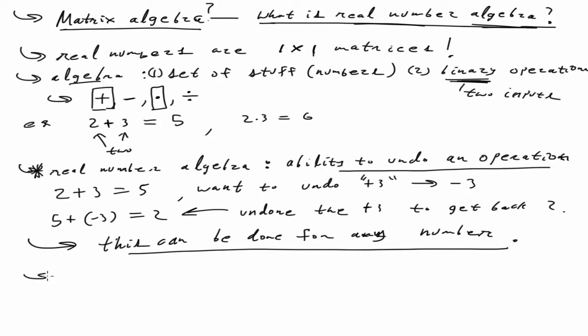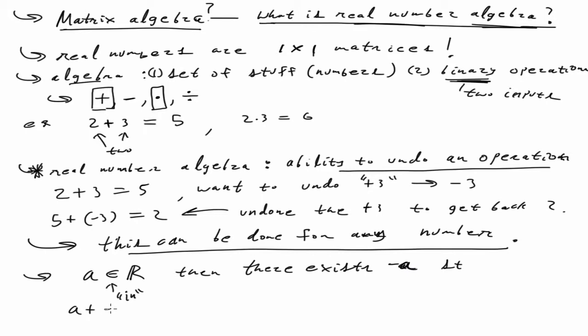And so actually we give this a name. If A is some real number, and I'll give it this symbol, A is in the set of real numbers, and that epsilon means in, okay? If A is in the set of real numbers, then there exists a minus A such that A plus minus A is equal to 0.